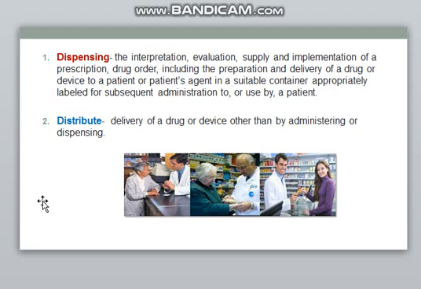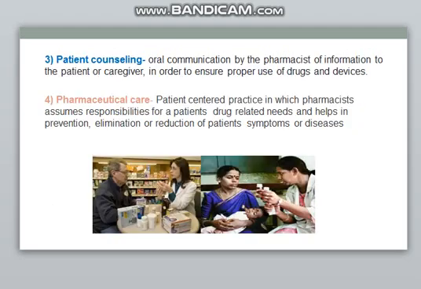Next is distribution of a drug. The delivery of the drug or the device other than by administering or dispensing is to be more focused on by a pharmacist. Third is patient counseling, which is most important for communicating with the patient and their family members, so that you can get more information about the patient for the treatment and diagnosis of the disease.